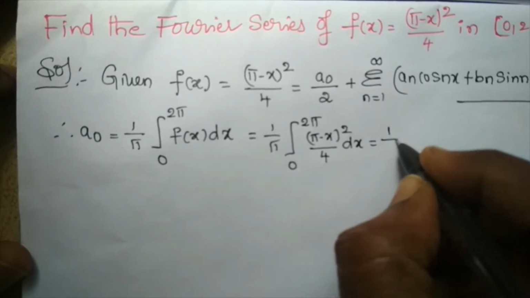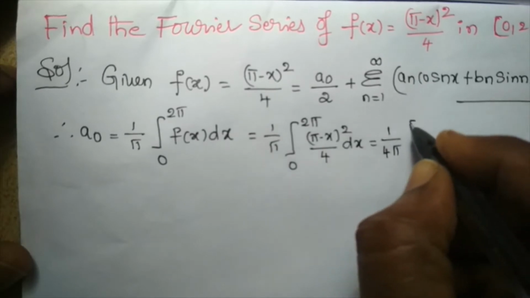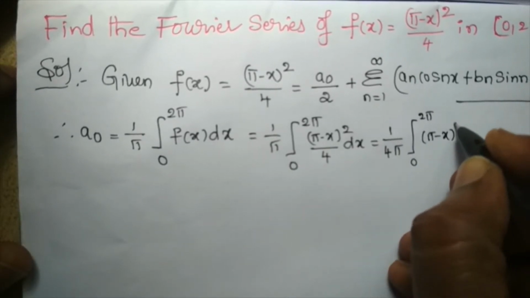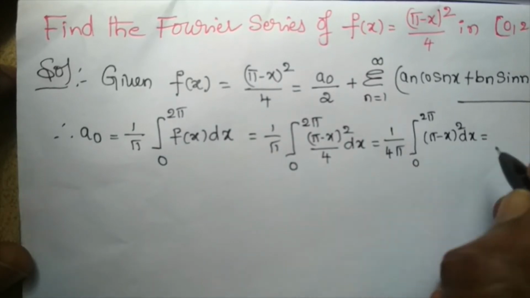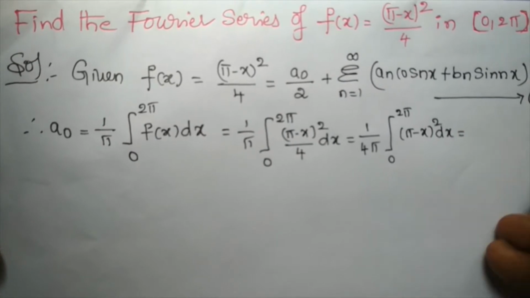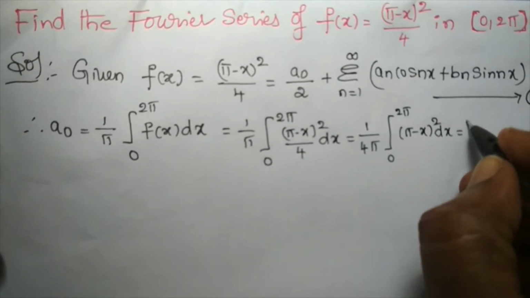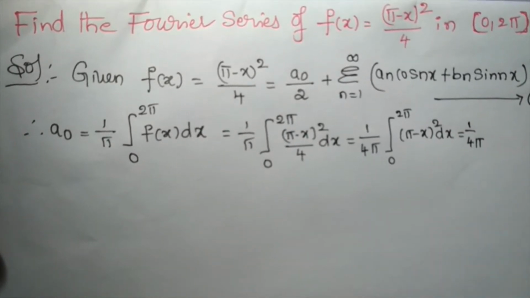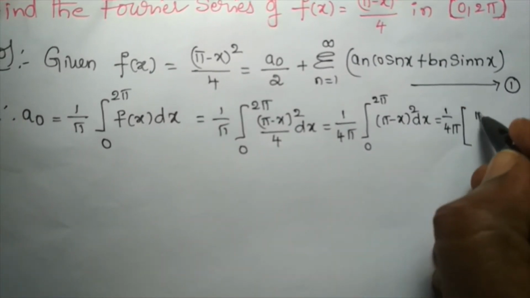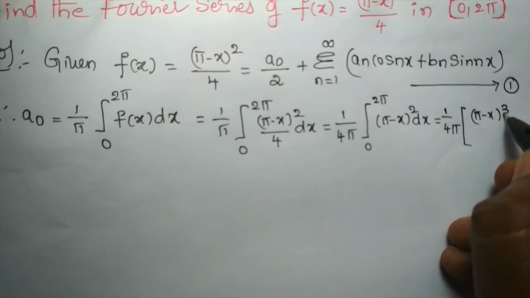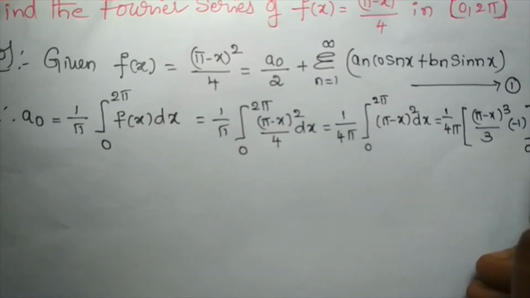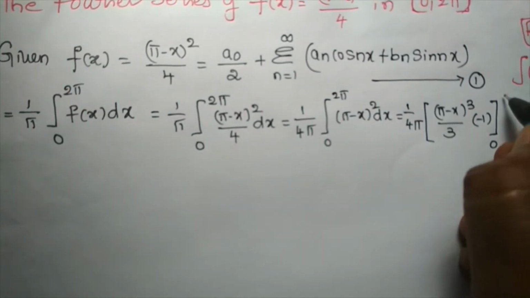So I can write 1 by 4 pi integral 0 to 2 pi (pi minus x) whole square dx. Now integrate this one, it is in the form of x square, so x cube by 3. So 1 by 4 pi into (pi minus x) whole to the power of 3 by 3, into the derivative of this, which is minus 1, from 0 to 2 pi.